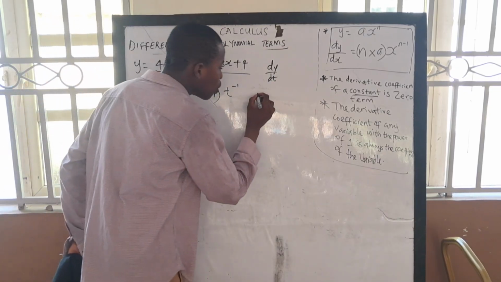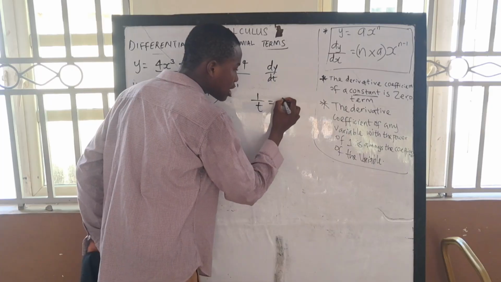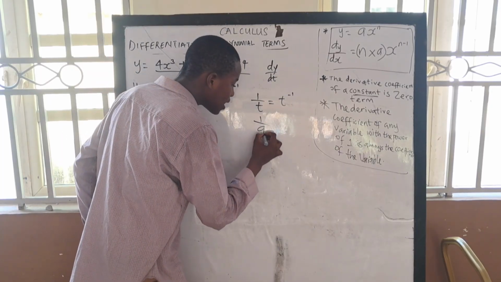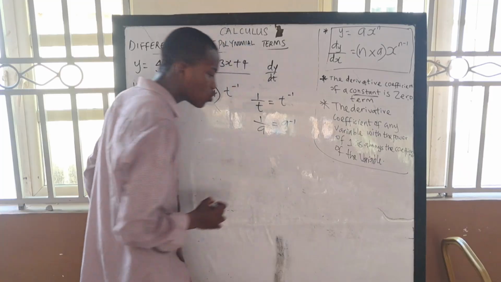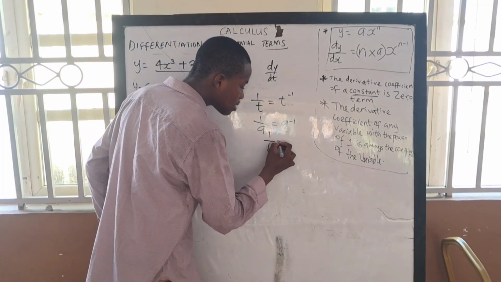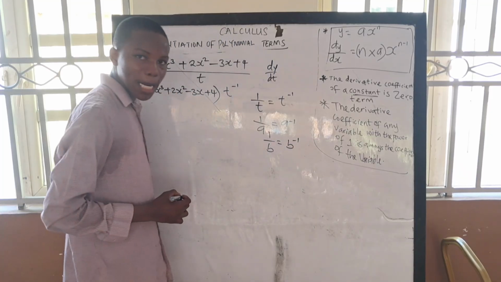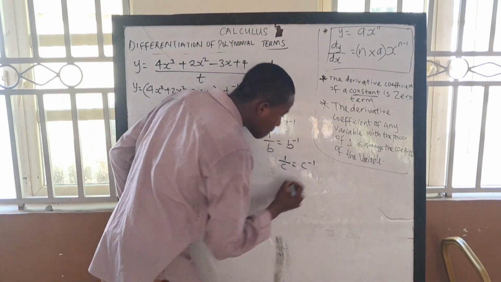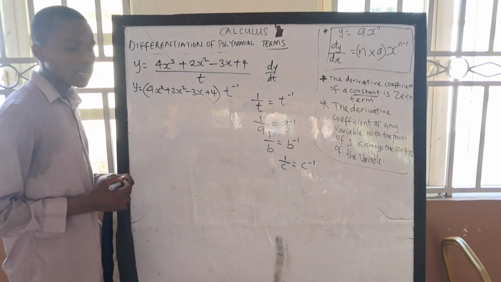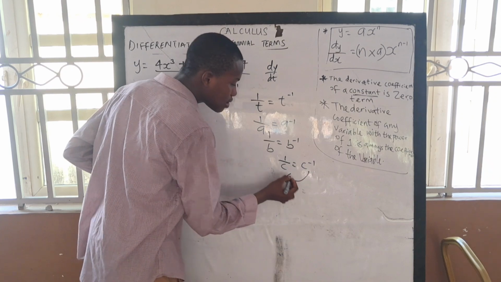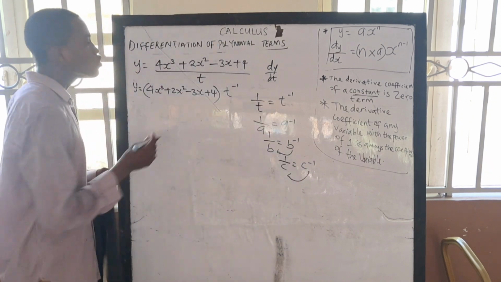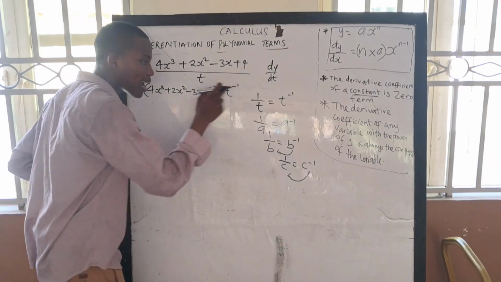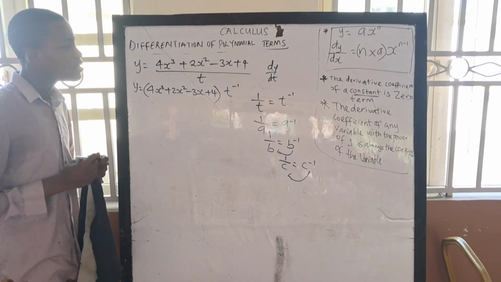Recall that 1 over t is the same thing as t raised to the power minus 1, right? 1 over a is a raised to the power minus 1, 1 over b is b raised to the power minus 1, 1 over c is c raised to the power minus 1. So this over t is the same thing as the whole of this times t raised to the power minus 1, right?